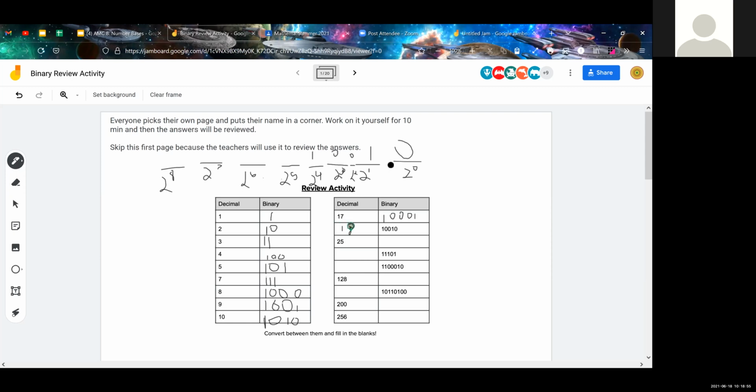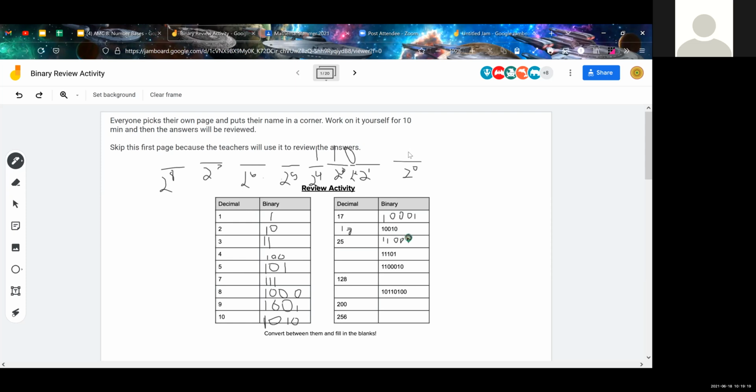All right, now we're going to take a look at 25. So 25 is 16 plus 8 plus 1. So that's going to be 1, 1, 0, 0, 1. So 16, 8, 4, 2, 1.